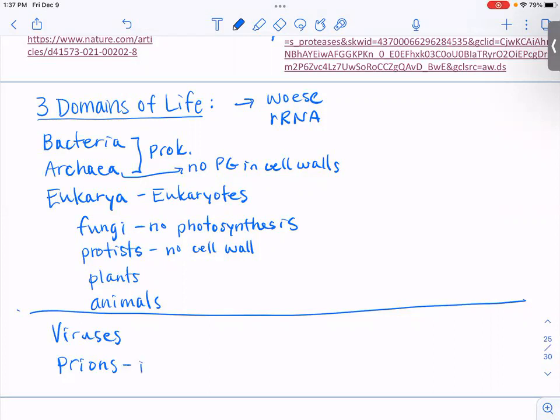Prions are infectious proteins. Remember, they do not have DNA or RNA, and they replicate just by causing other proteins to misfold. Prion disease is always fatal.